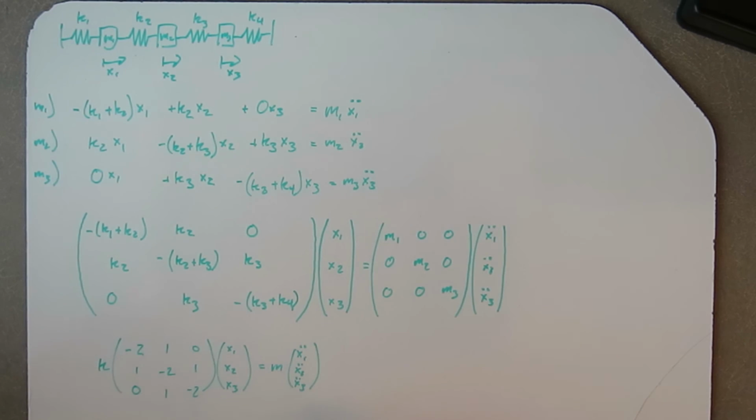You might have something similar to K over M as your frequency, and if you have a system of multiple masses and multiple springs, if they all have the same mass and the same spring coefficient, your frequency of oscillation again is going to be K over M, and this becomes an eigenvalue problem, and it's pretty fun to solve. I haven't done it in a while, so I'm not going to do it here, but that's it for this problem and the more complicated version of the problem. Thanks for watching.